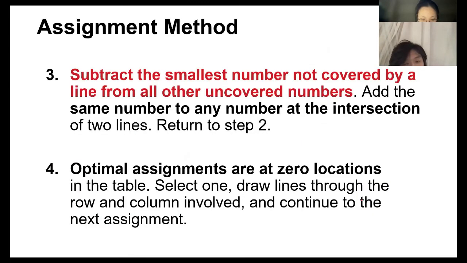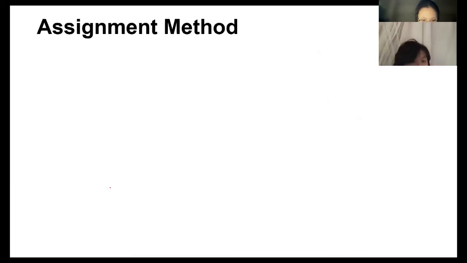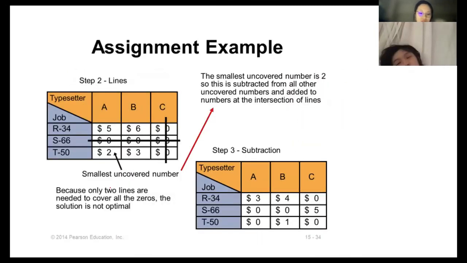It says to draw the minimum number of lines, vertical and horizontal, to cover all the zeros. So what are you doing here? That's why in the table in the book you will see these lines created, the lines in step 2.